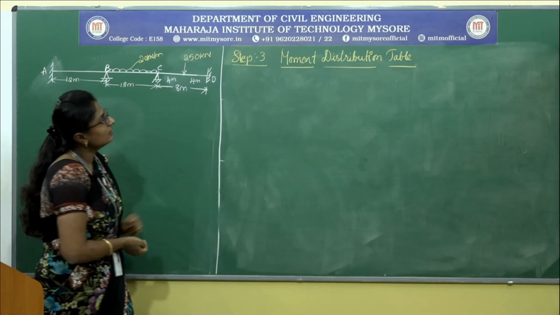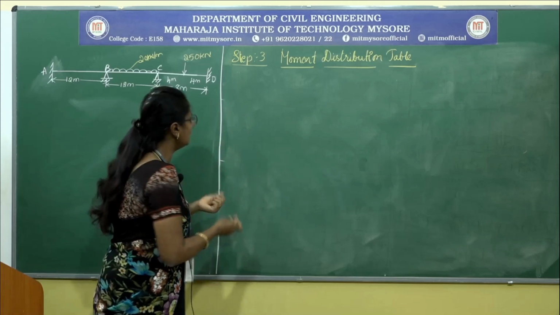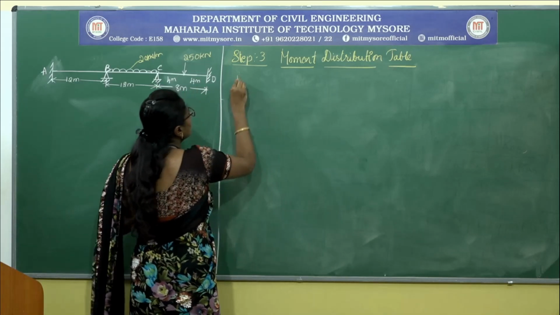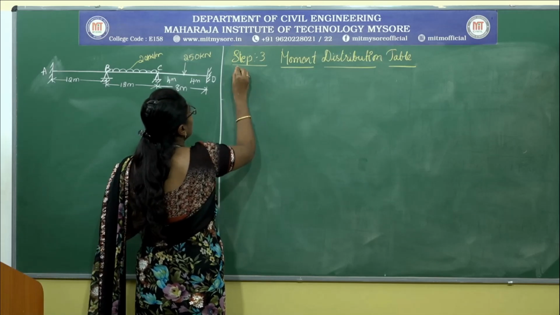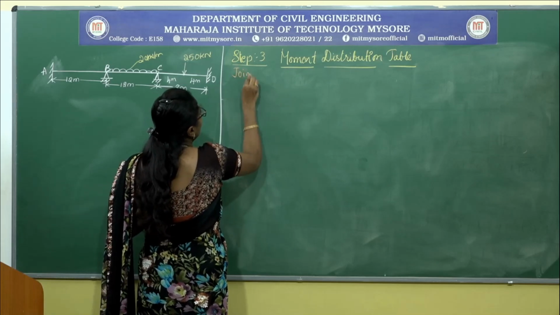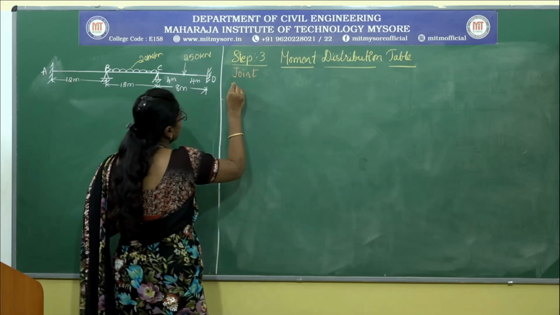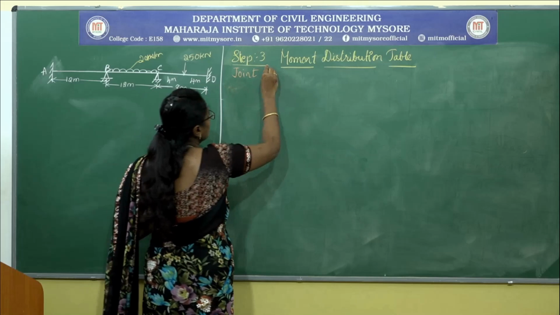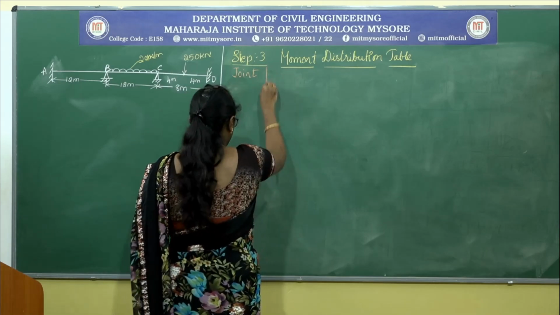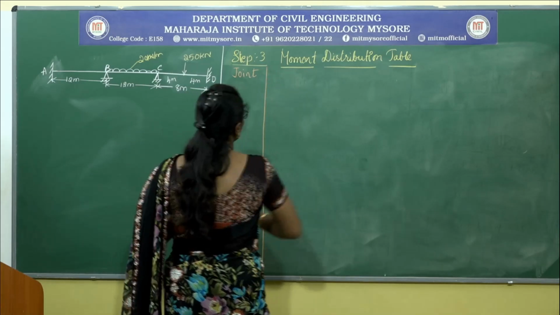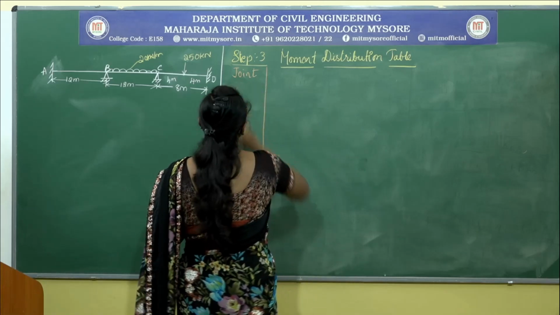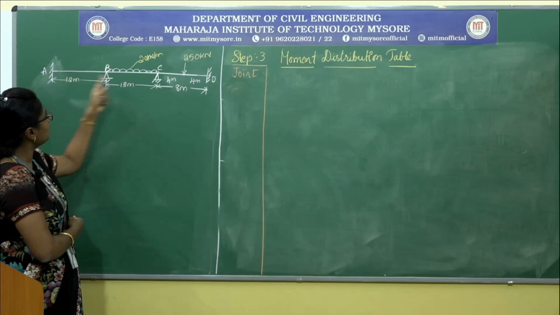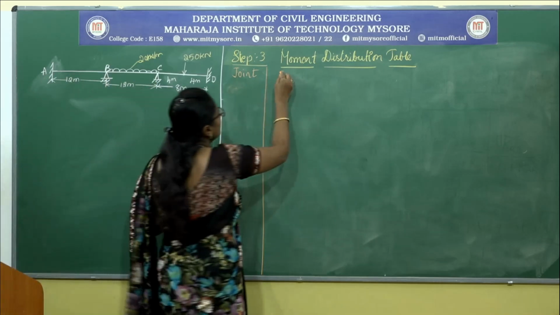So in this, to consider this step, we shall now draw the table first, which contains joint. So in this, how many joints are here? A, B, C and D.